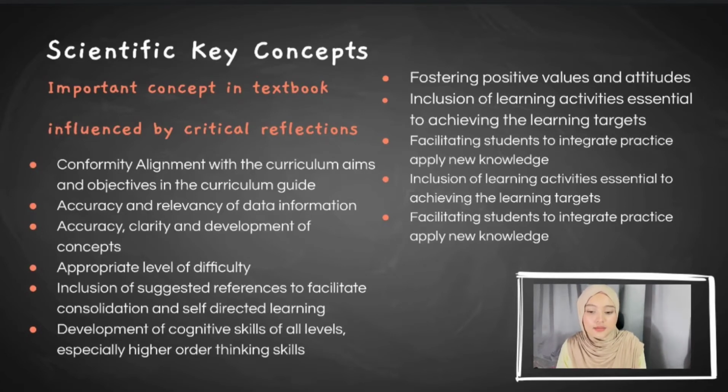Next, development of cognitive skills of all levels, especially higher order thinking skill. Next, fostering positive values and attitudes. Next, inclusion of learning activities essential to achieving the learning targets. Next, facilitating students to integrate, practice, and apply new knowledge.